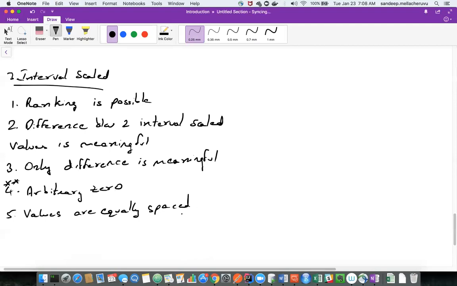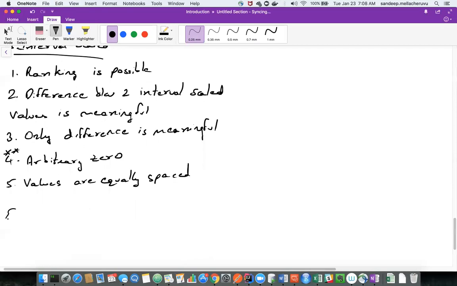Okay. So let's see an example. I can give an example of time again. Now let's understand that arbitrary zero concept first, then we'll look at the other things. So in time 0 am, does it mean that time doesn't exist at that time?